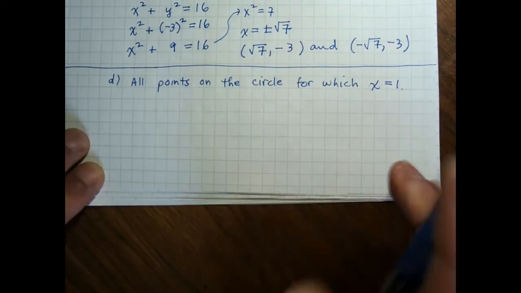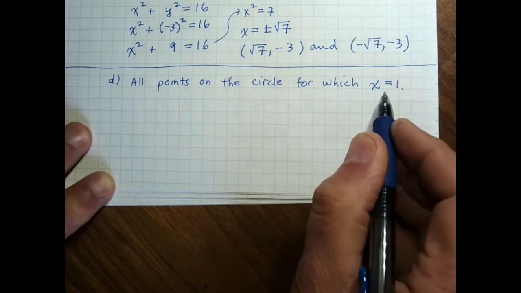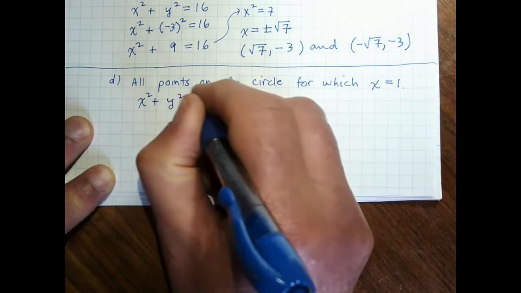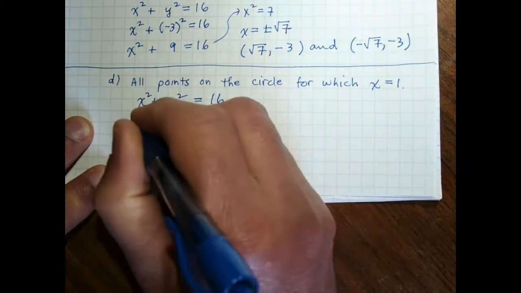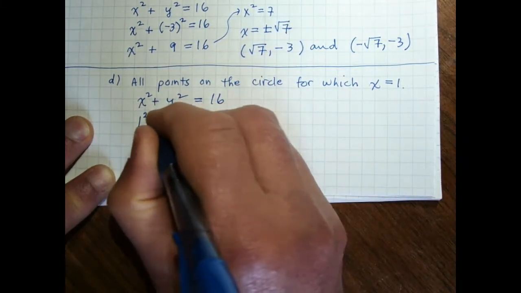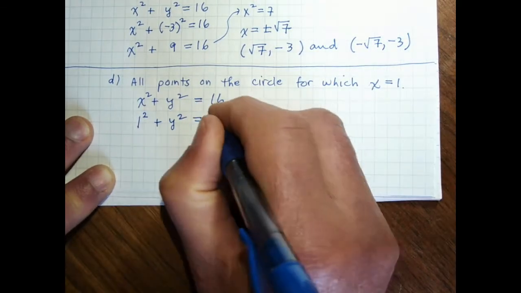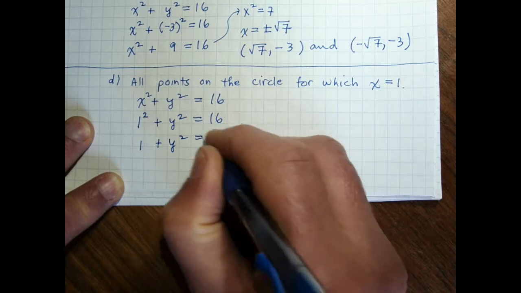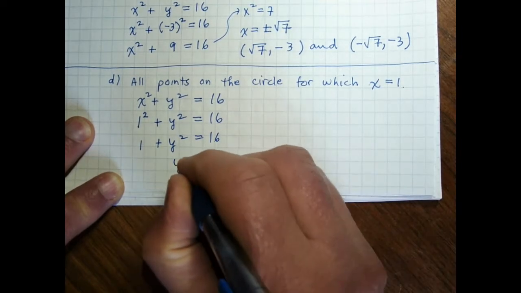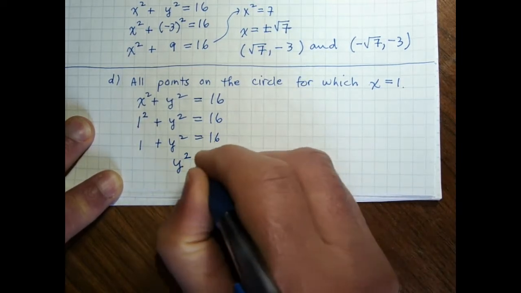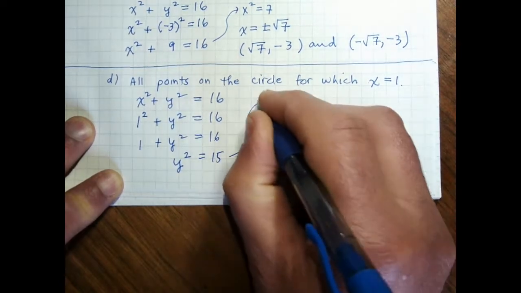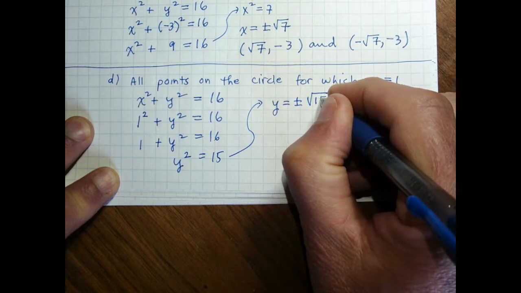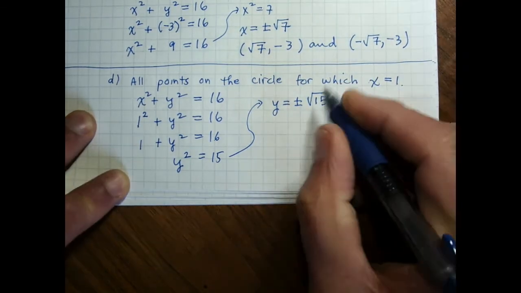Let's do this again with finding all points for which x is equal to 1, same circle. So now I'm going to plug in 1 for x and solve for y. It's the same kind of thing. I get 1 plus y squared is 16. I subtract 1 from both sides. y squared is 15. So y is equal to plus or minus the square root of 15.